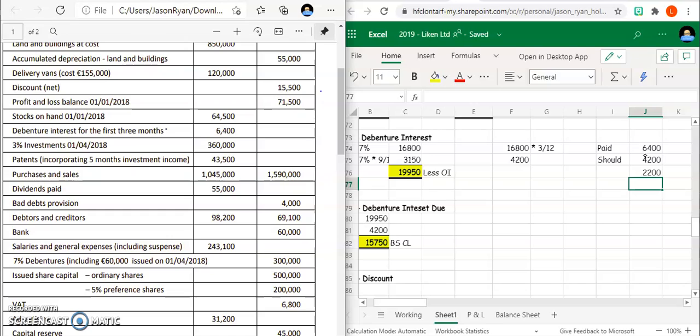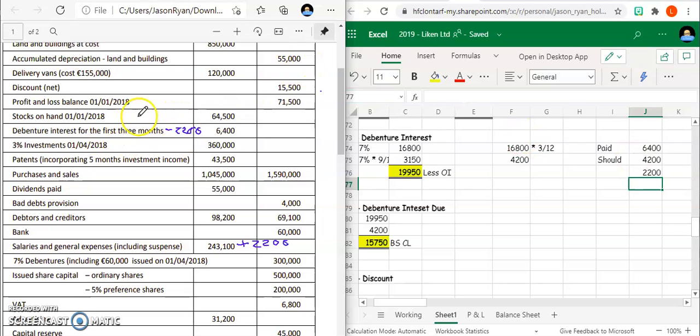Beside debenture interest, we're going to put minus 2,200. Now our debit side is less than our credit side. To make them equal again, beside our suspense we're going to say plus 2,200, because your debits and credits have to equal.